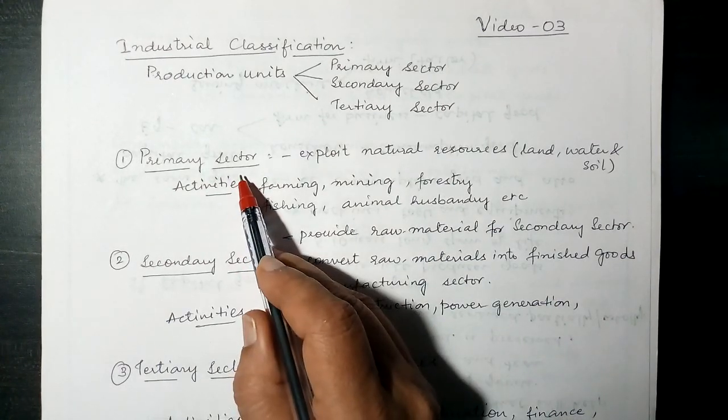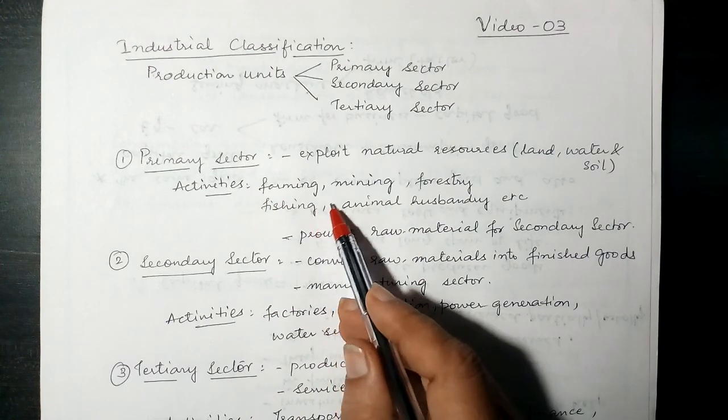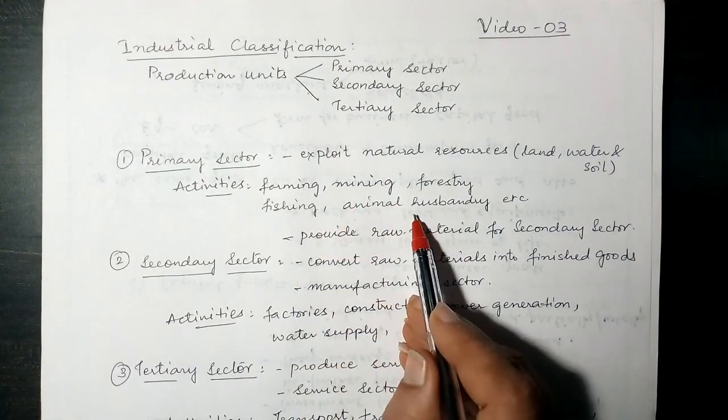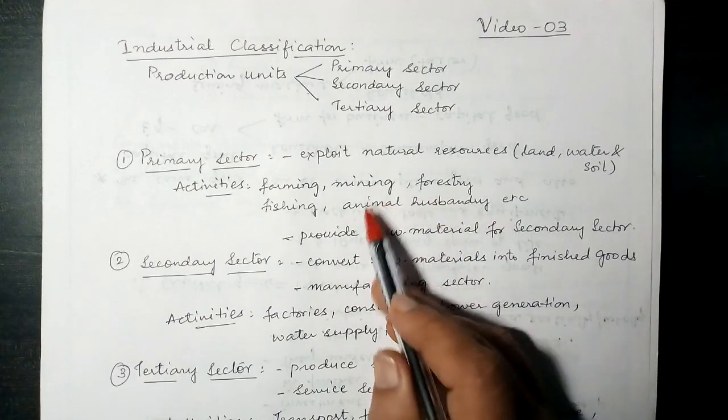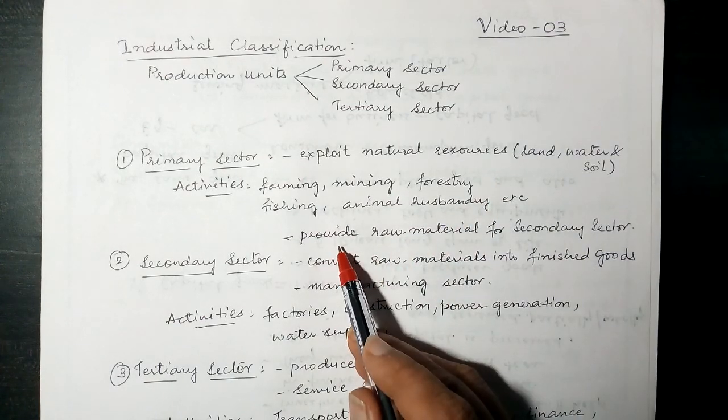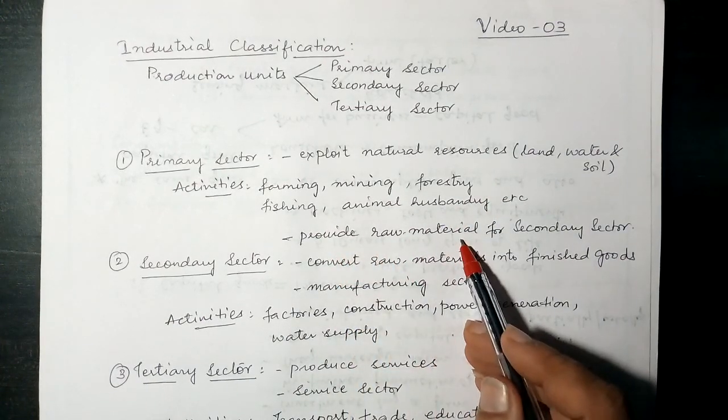The activities in the primary sector include farming, mining, forestry, fishing, animal husbandry, etc., which are directly related to the natural resources. These provide raw materials for the secondary sector.